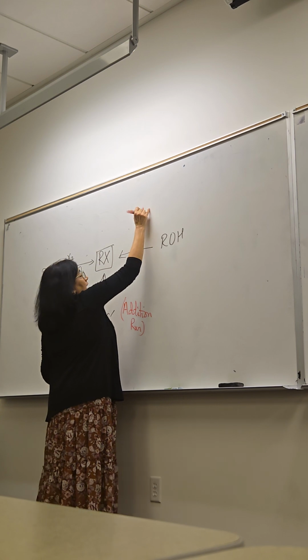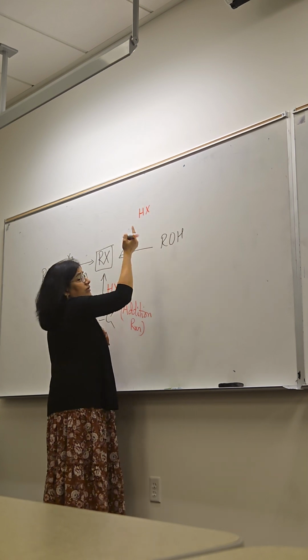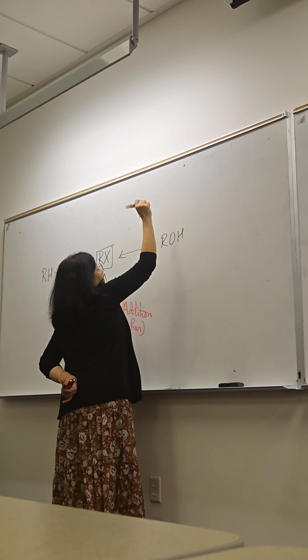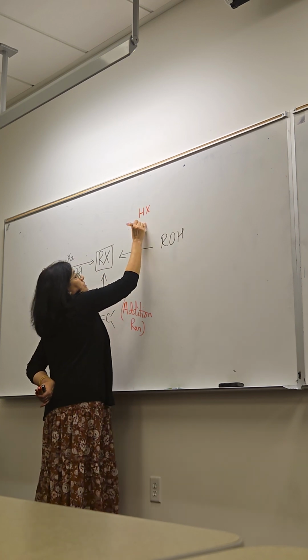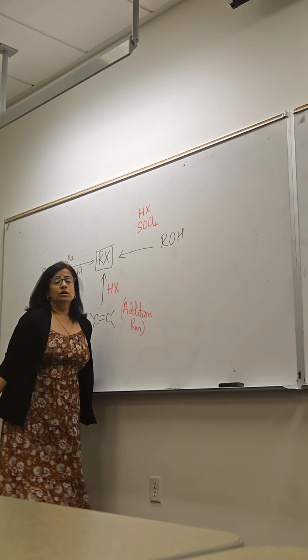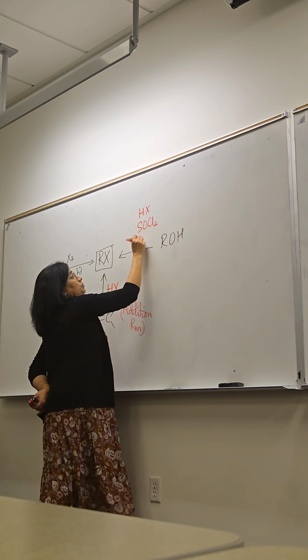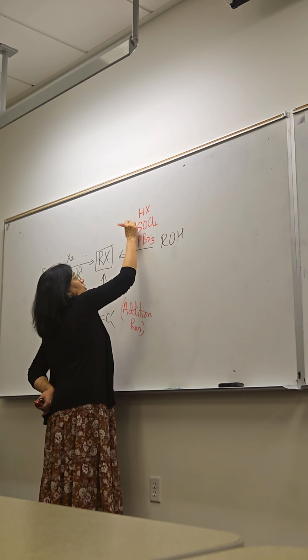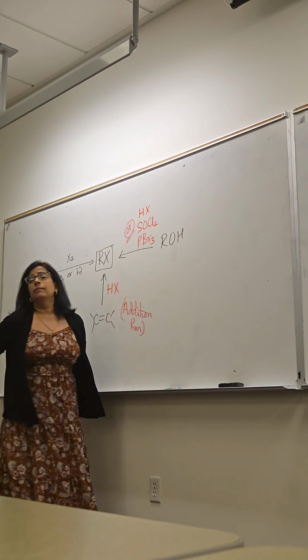You can use HX also, whatever, HCl, HI, HBr, or we can use something called thionyl chloride, which is SOCl2, or we can use PBr3, phosphorus tribromide. Not all three of them, one of them.